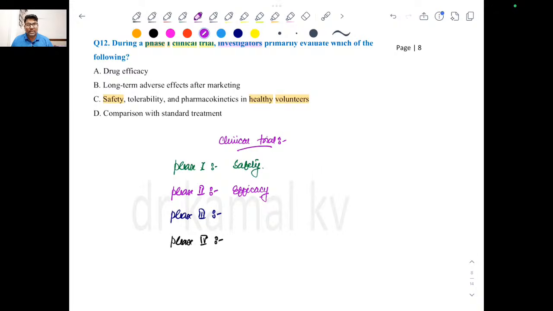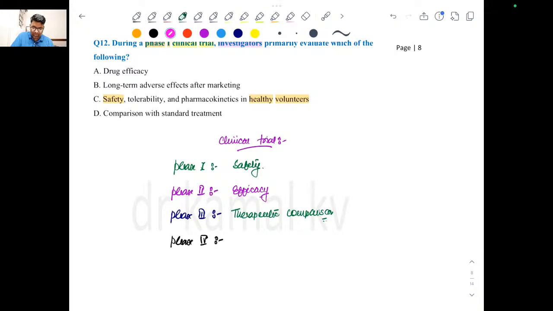Now third is, like whenever we are planning to introduce a drug, already some drugs are there in the market. So what we need to do, we have to compare the two drugs. So we have to compare the new drug with the already available drug in the market, and that is known as therapeutic comparison. Because if the newly developed drug is superior to the already available options in the market, then it is worth introducing this new drug.